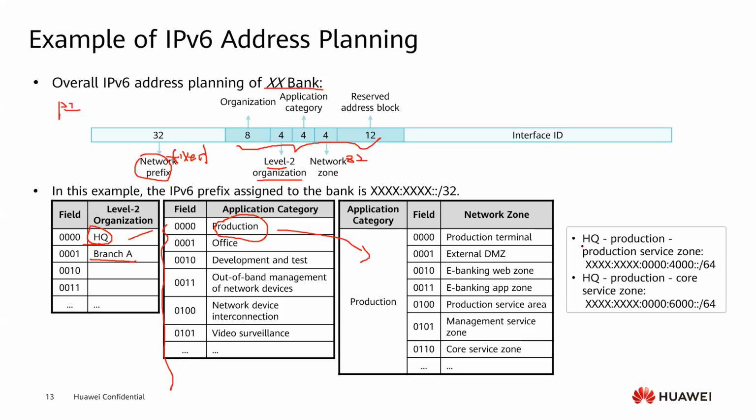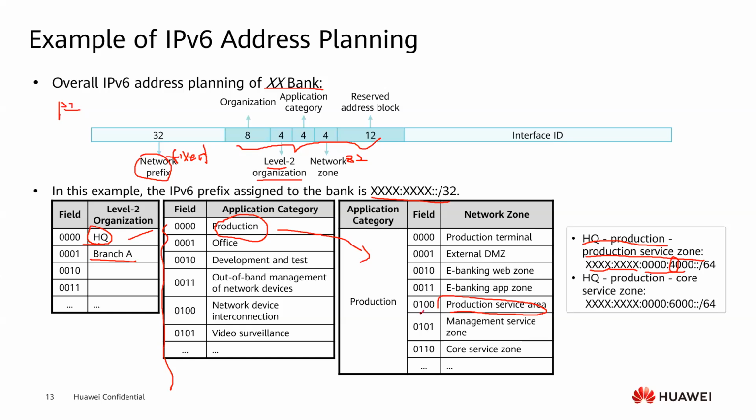So for example, for the HQ production service zone, this part is the fixed one, the 32 bits, and then this part is 0000 and 00, and for the production service zone the value is 4.